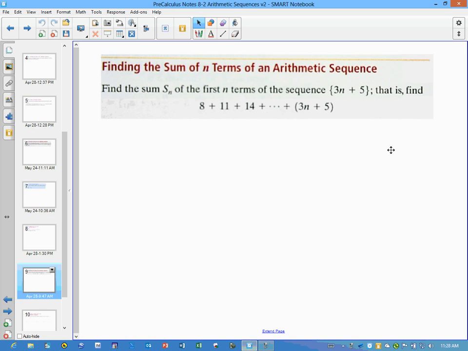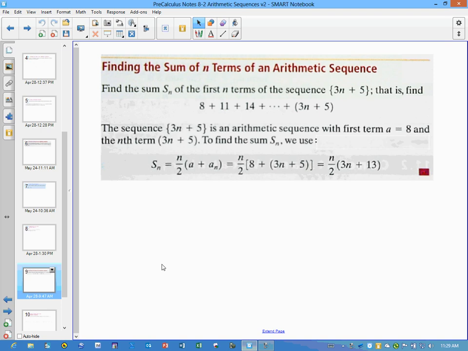So we want to come up with a formula, basically. So again, we're going to use the same idea that our first term is 8, our last term is 3n plus 5, and the number of terms we have would again be n. Because this is what we get when n is 1, this is what we get when n is 2, when n is 3, and we're going to go all the way up to whatever n we want.